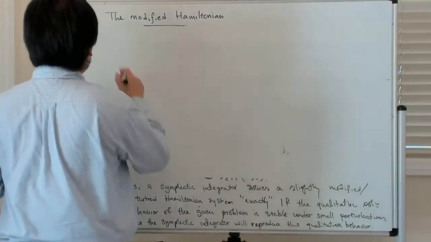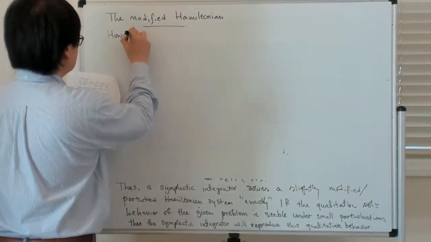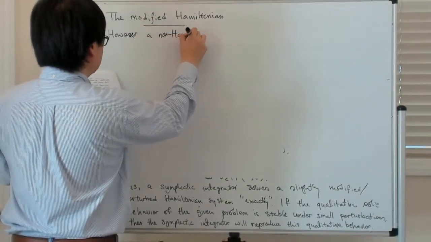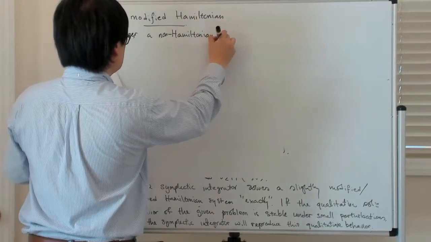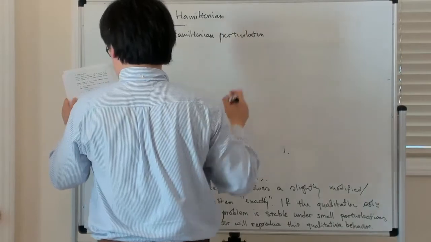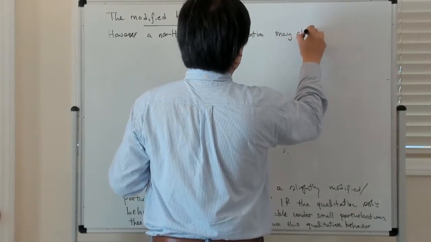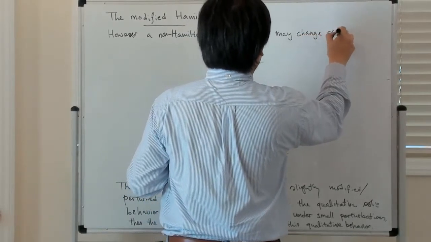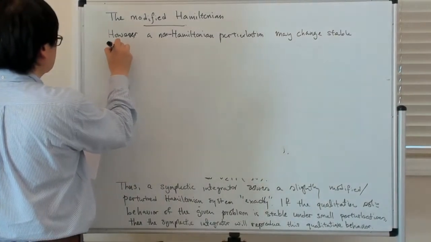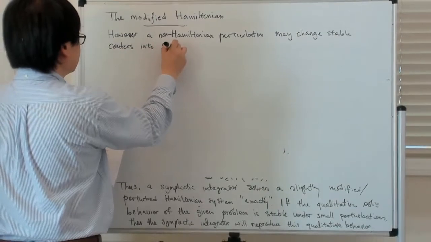Okay, so for example, a non-Hamiltonian perturbation may change stable centers into sources and sinks, right?